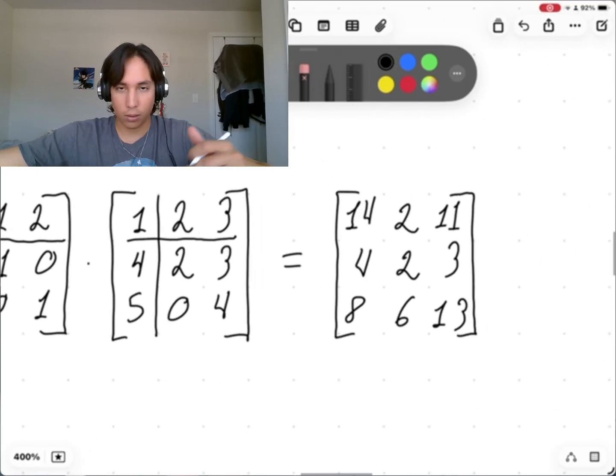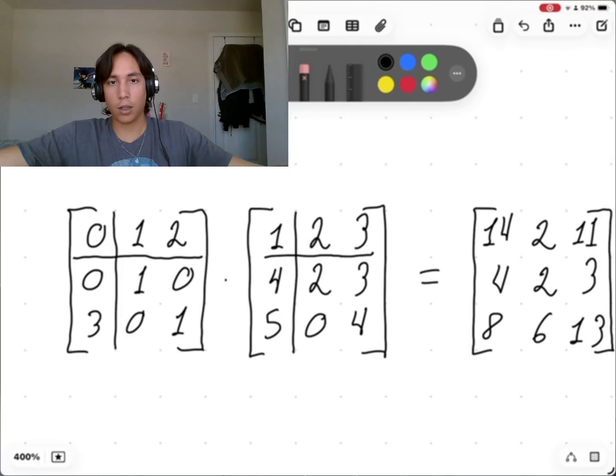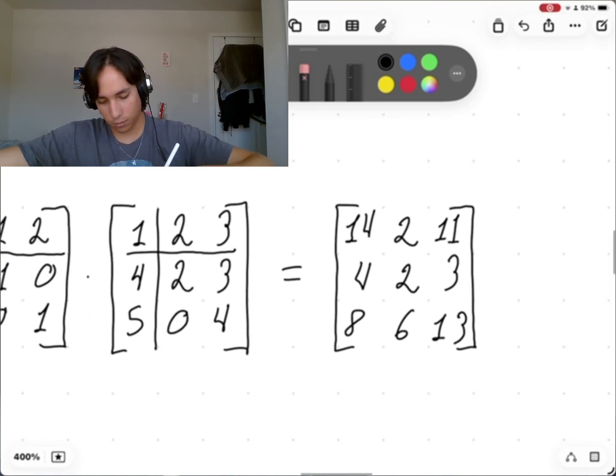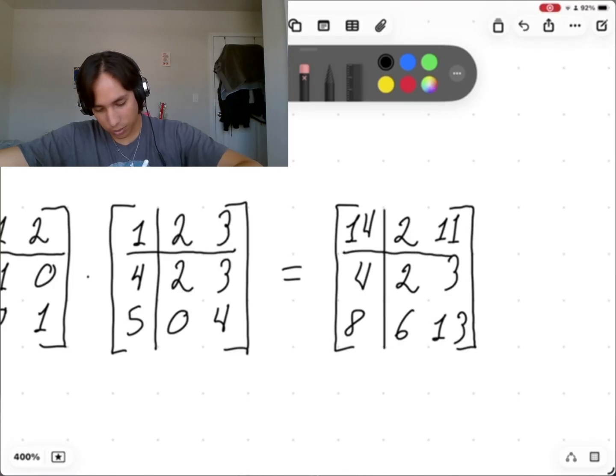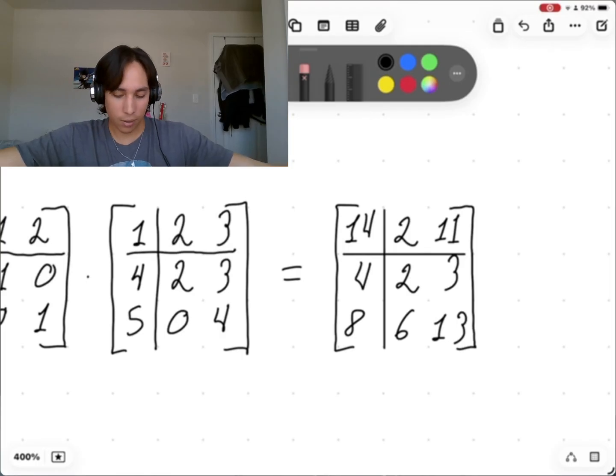Okay, so now that we got the entries, we need to define the box sizes. Luckily, in this case, it's gonna be pretty much the same. So yeah, I don't really understand it all that much yet.